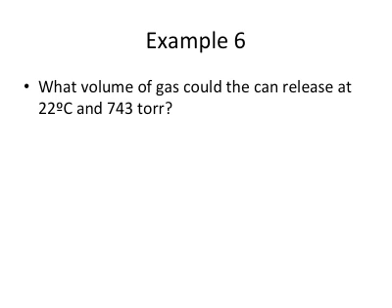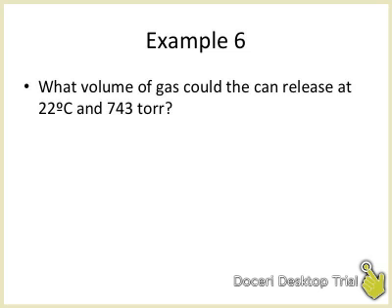If our temperature is starting at 22 and ending at 22, our temperature is held constant. So what gas law could we use this go around? Boyle's, which says what? P1V1 equals P2V2. So our initial pressure was 3.8.